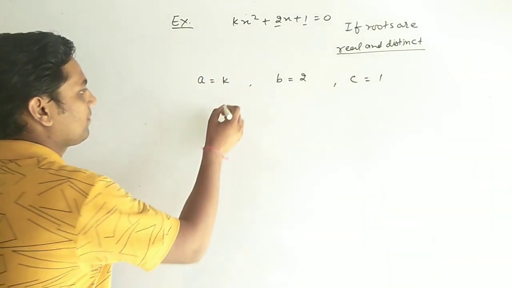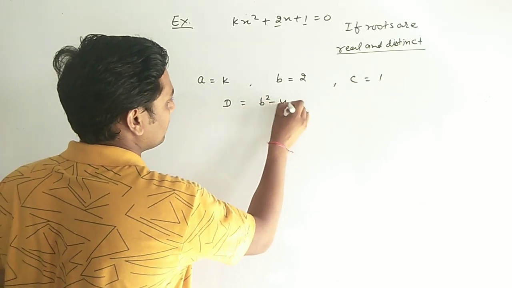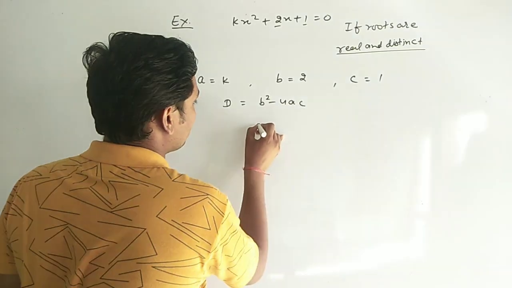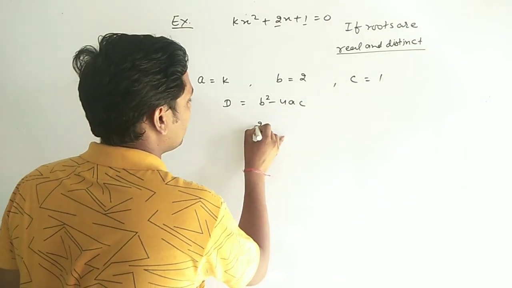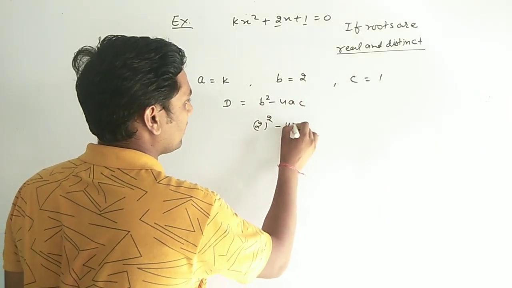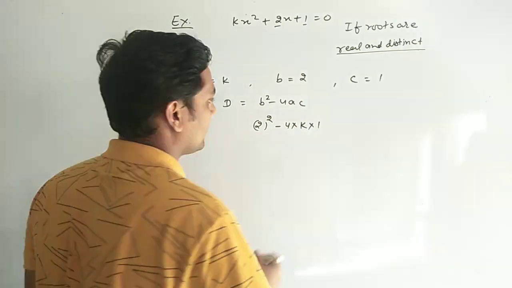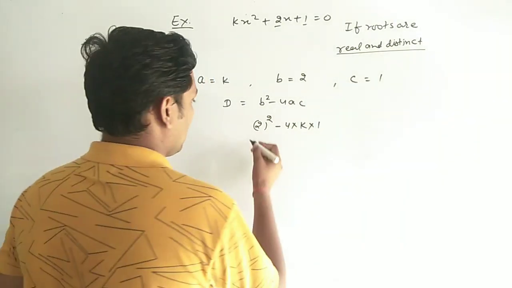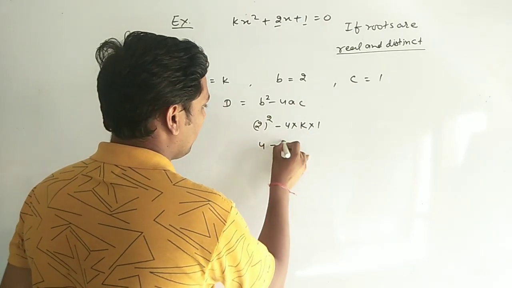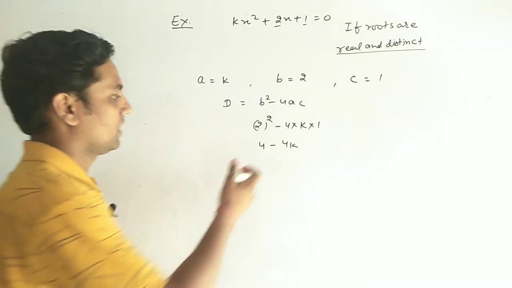Now discriminant D equals b square minus 4ac. Put the values. b square means square of 2, minus 4 into the value of a, which is k, into the value of c, which is 1. Understood? Now move on to the next step. Square of 2 we get 4, minus 4k. 4 minus 4k. What is the common?